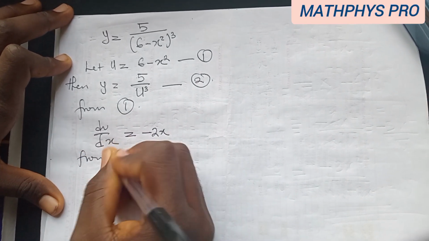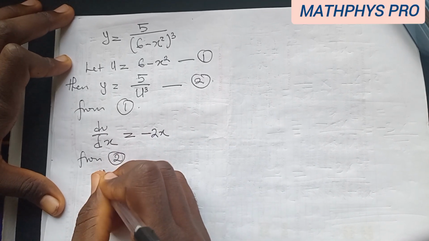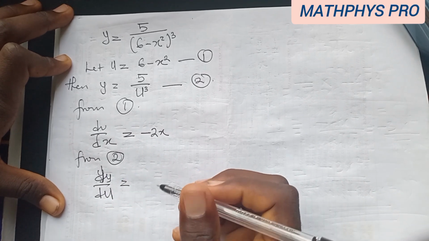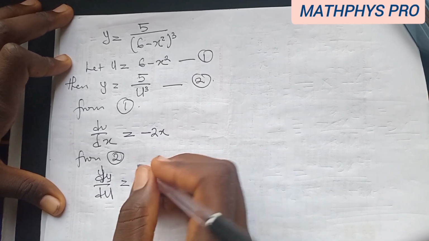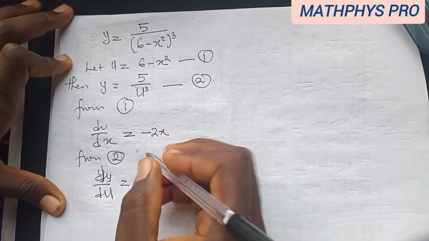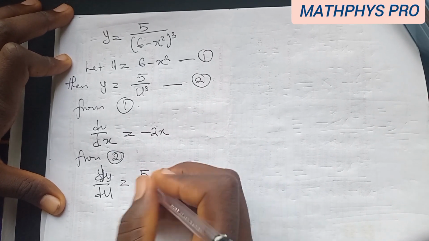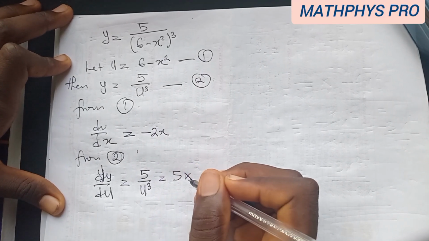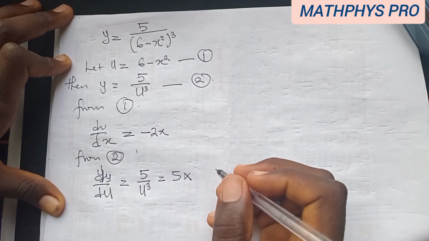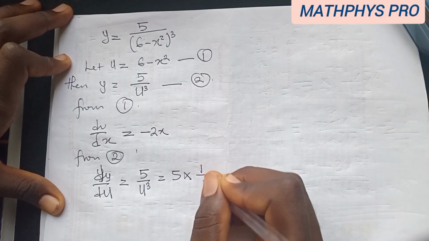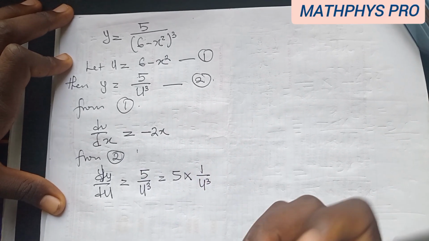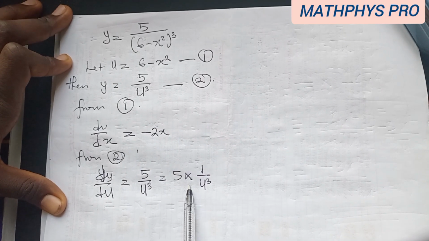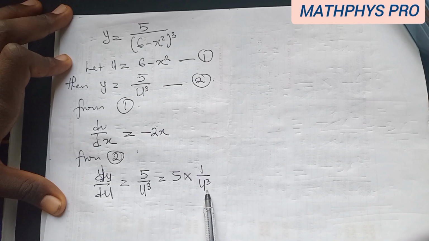From equation 2, we can say that dy/du will be equal to, remember that 5 over u raised by 3 is equal to 5 times 1 over u raised to the power 3.